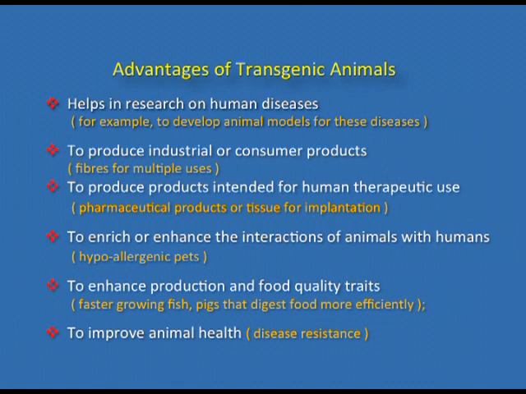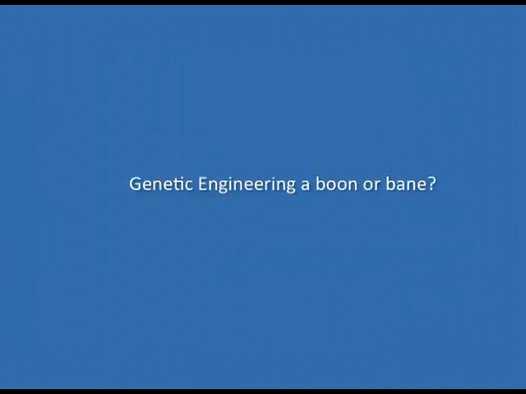One example I would like to quote here is that pigs have been genetically modified to produce human organs for transplantation, to produce industrial or consumer products, to enrich or enhance the animals' interaction with humans, to produce products intended for human therapeutics like different kinds of medicines, and to improve animal health such as providing disease resistance to them. Whether this modern science is a boon or bane.